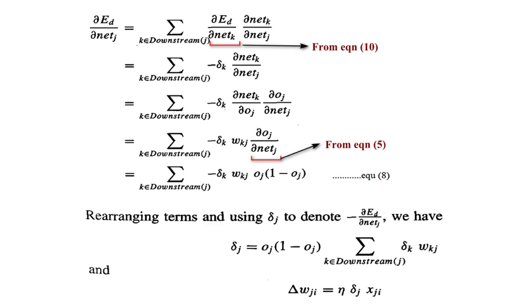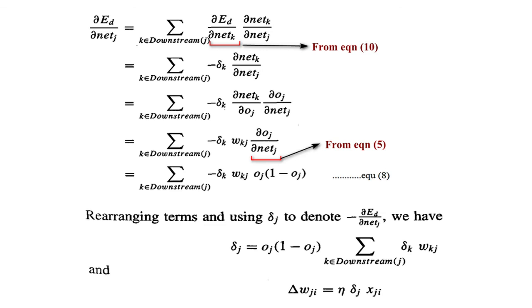So our equation will be the summation over all k belonging to Downstream(j) of minus δ_k multiplied by the derivative of net_k with respect to o_j multiplied by the derivative of o_j with respect to net_j. This turns out to be minus δ_k times w_kj times the derivative of o_j with respect to net_j, because we know that weight times output is equal to net input.